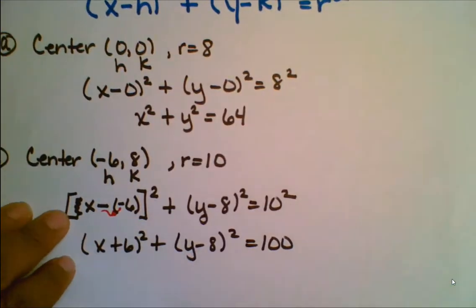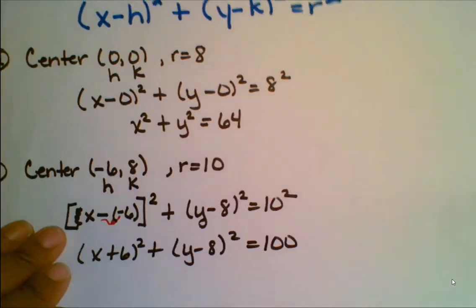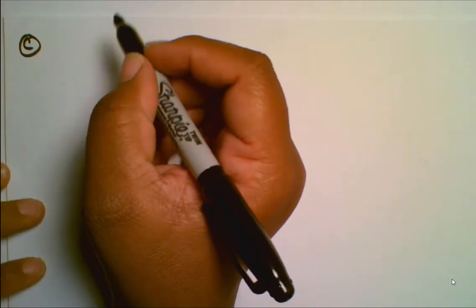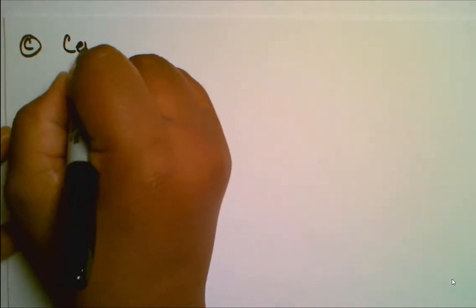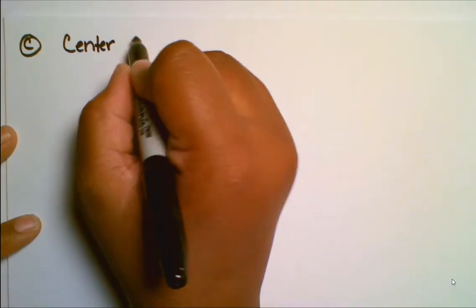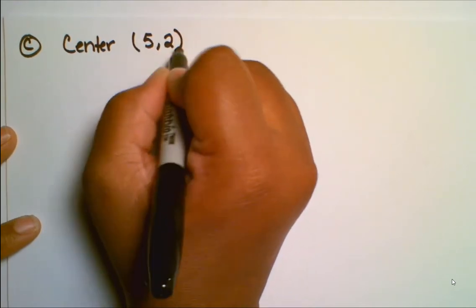Let's do another example. C. We have here the center is 5, 2.